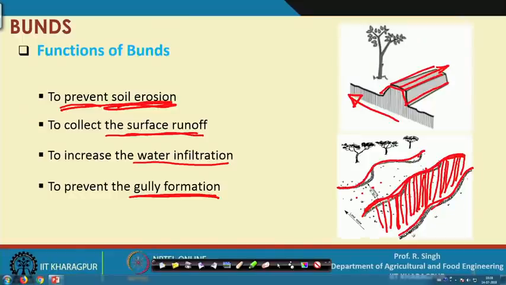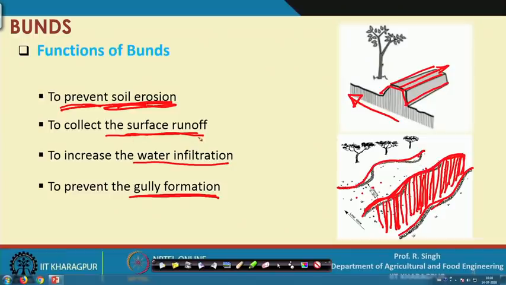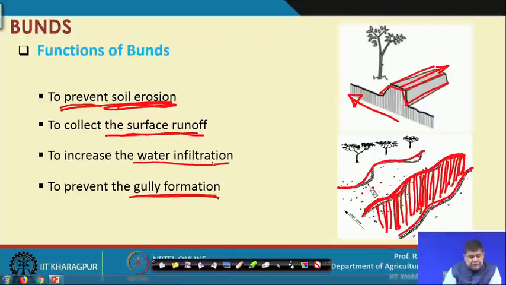So, this is how, by simply storing whatever rainfall occurs within this particular area enclosed by two neighboring bunds, we are ensuring that various functions of bunds are taken care of, that is, prevent soil erosion, collection of surface runoff, increase in the water infiltration and prevention of gully formation. So, all these functions take place.